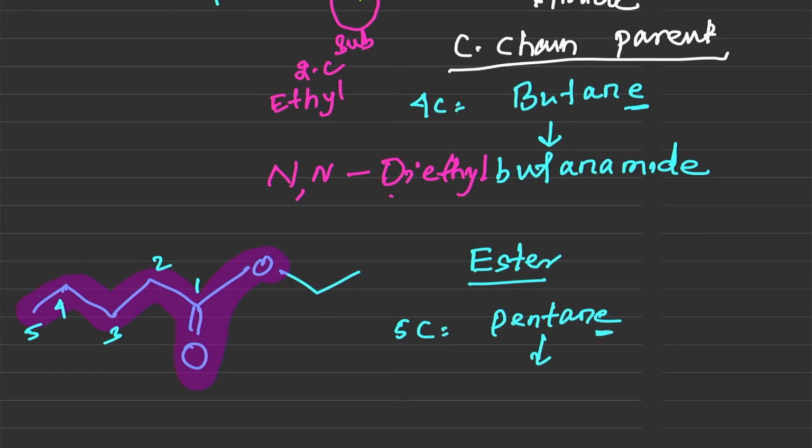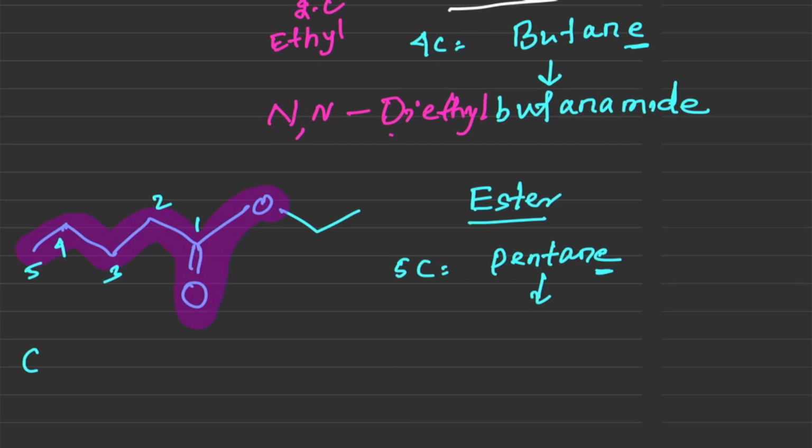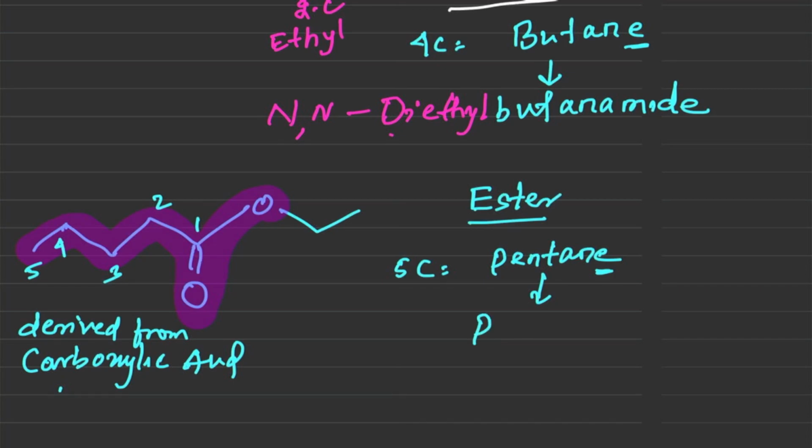So E is replaced by oic acid. This portion is coming from a carboxylic acid. You can think of it this way: derived from carboxylic acid. So that's your pentanoic acid.